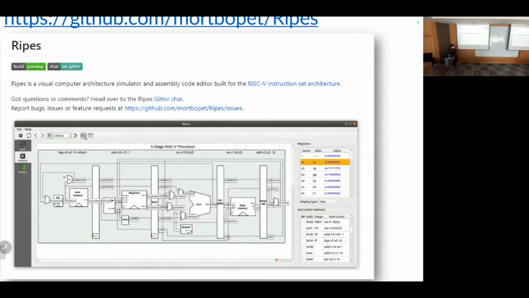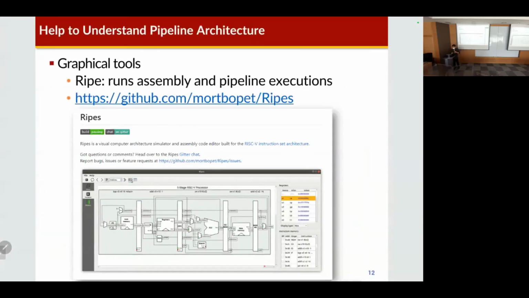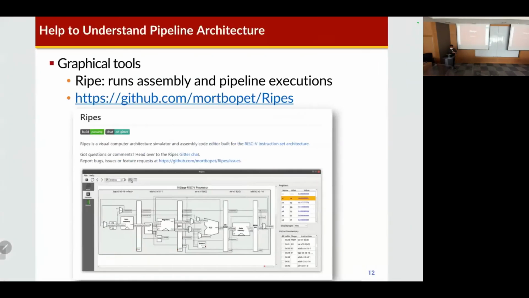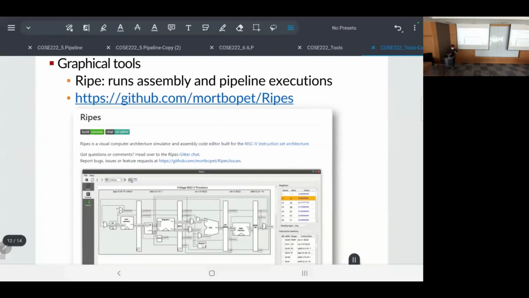Okay, so you can find the tool here. I believe that you can execute this simulator on your Windows, Linux, or Mac operating system. Okay, it's a very good tool.